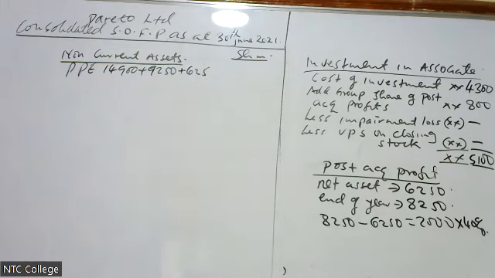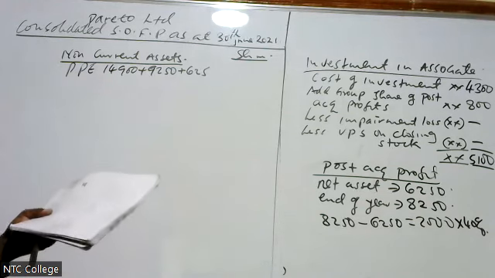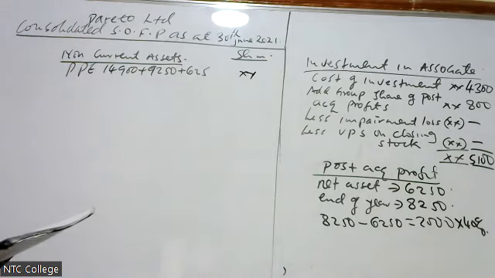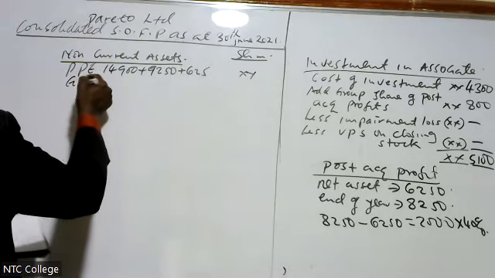The fair value adjustment, 625, we always add to the PPE. There was no depreciation. It is not a depreciable item. Land is not depreciable. Land always increases in value. Therefore, you give me the total there.